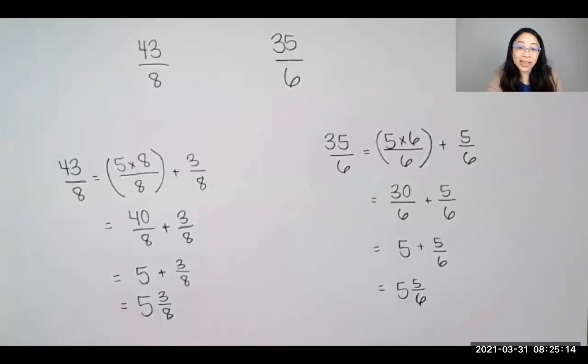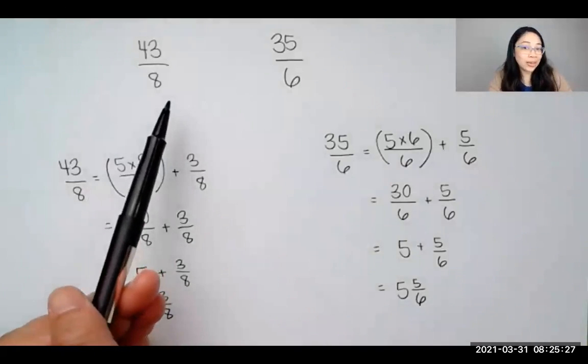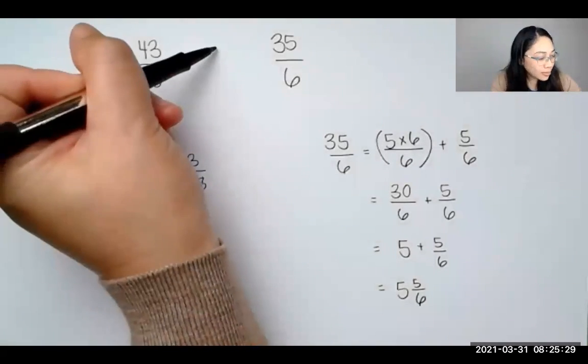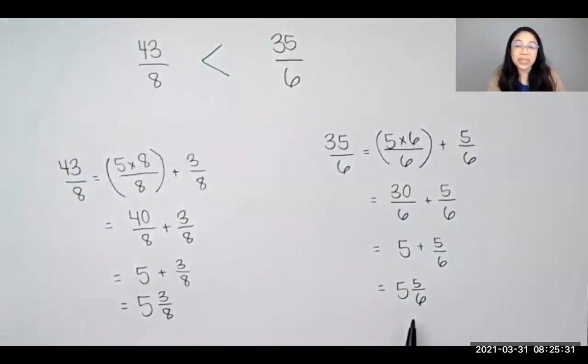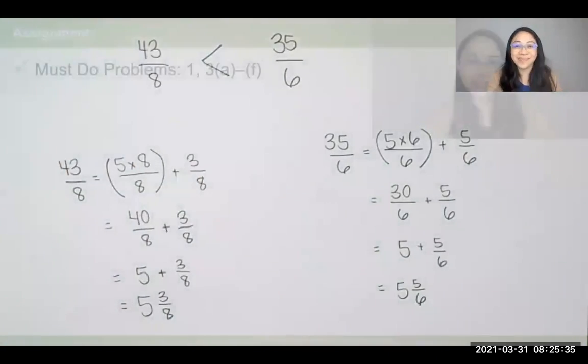I know that 3/8 is less than 1/2, while 5/6 is greater than 1/2. So 5 and 3/8, or 43/8, is less than 5 and 5/6, or 35/6.